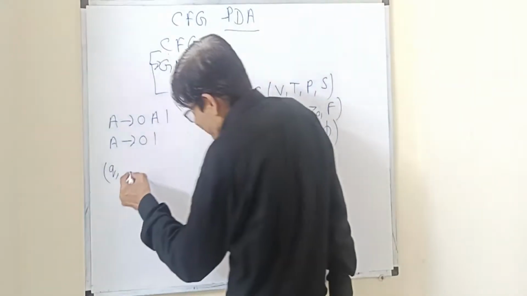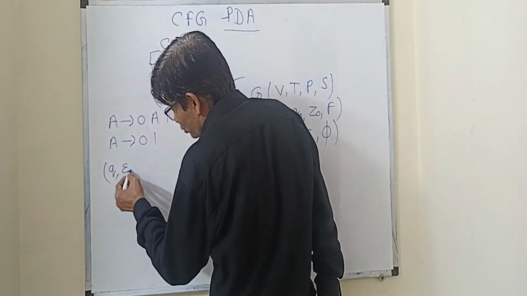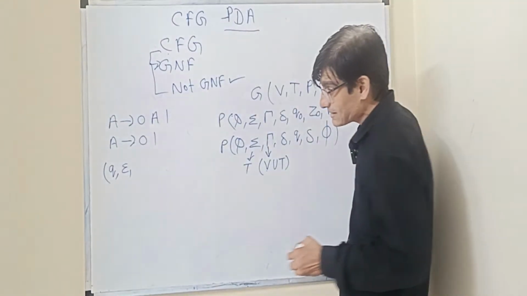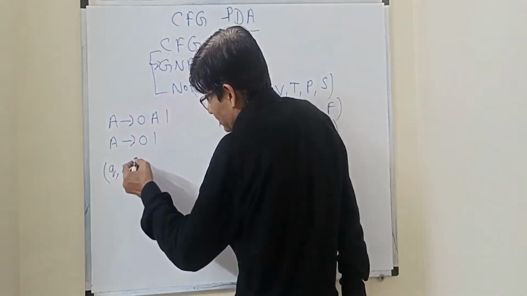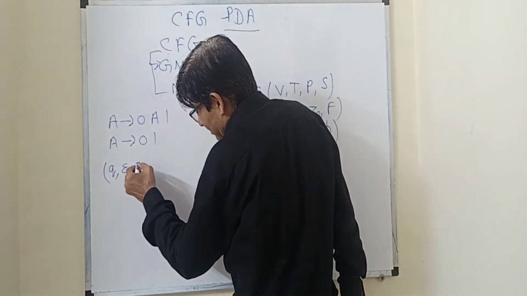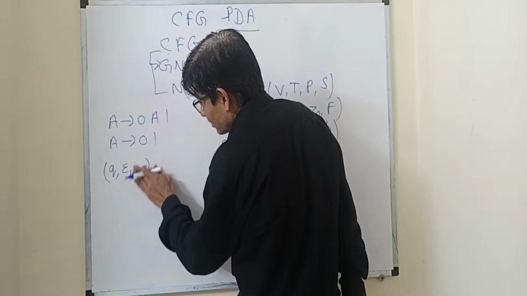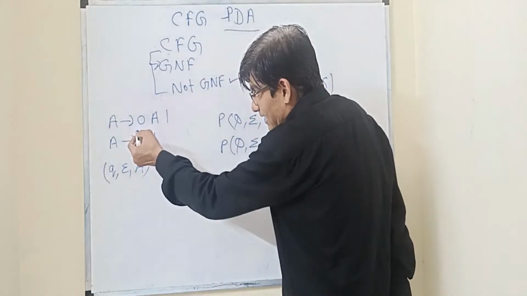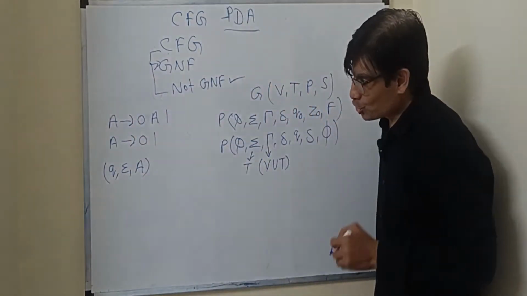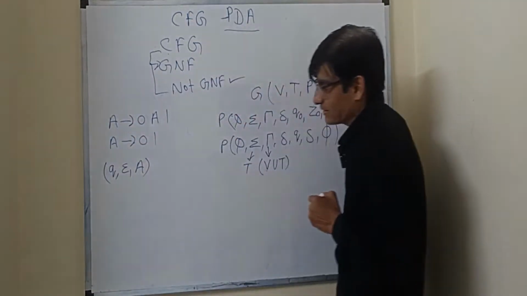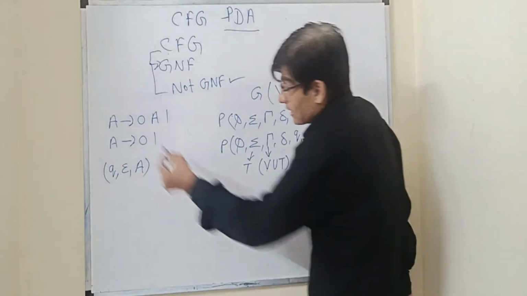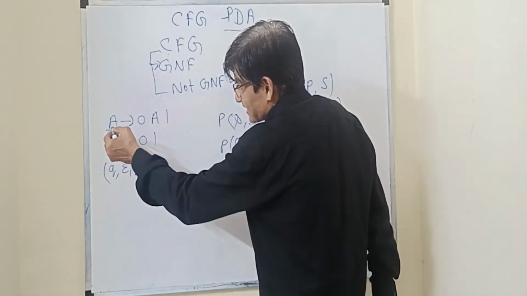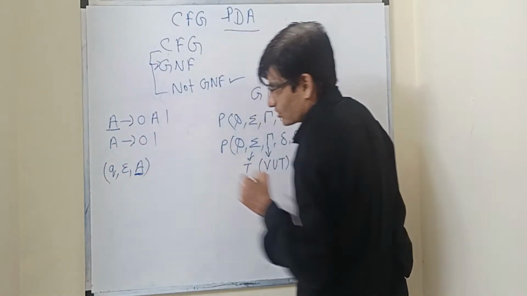So the input symbol would be empty in this case. A is the only variable in this grammar. This left hand side variable is the current stack top.